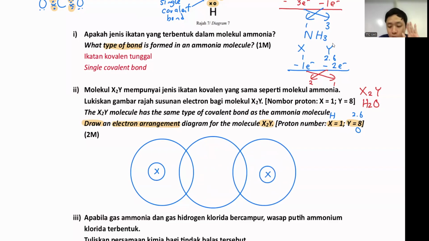Okay, but the electron is already shared to inside. Shared to here, right? So you don't need to draw any electron outside because it's already shared to Y. I already shared to Y.